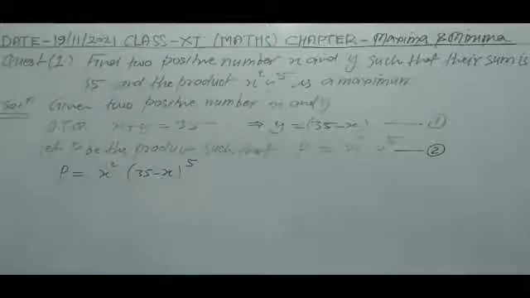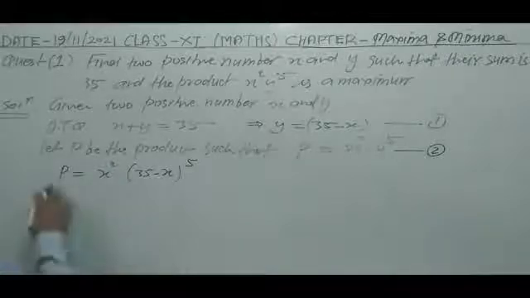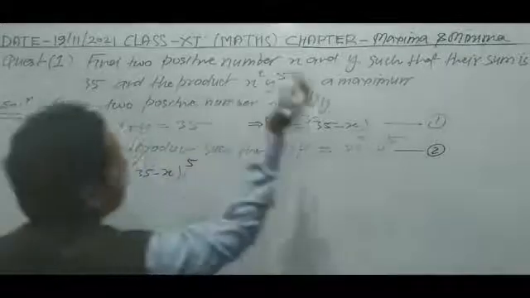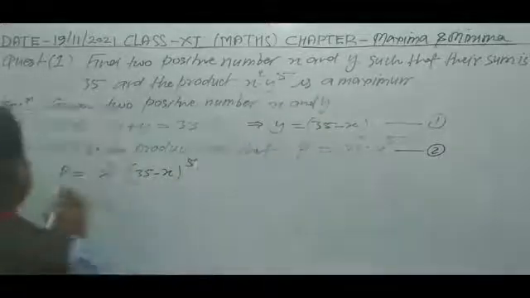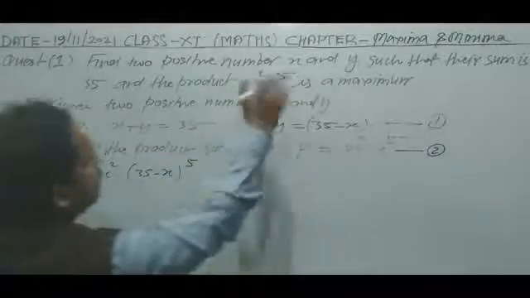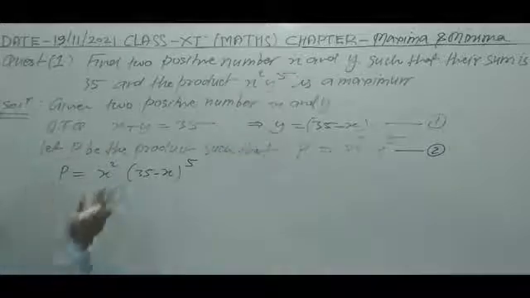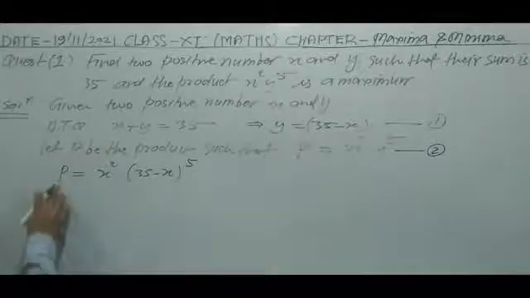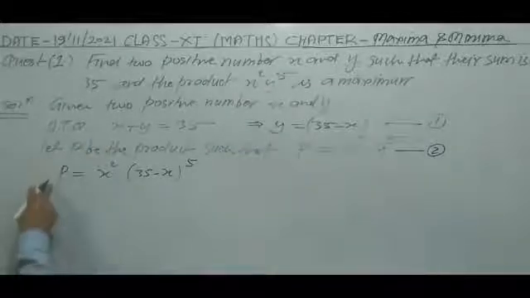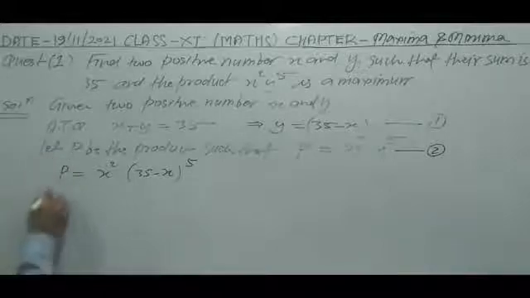So this is P. Now in this question the product is maximum, so P is maximum. Since the question is talking about maxima and minima of P, you have to differentiate.